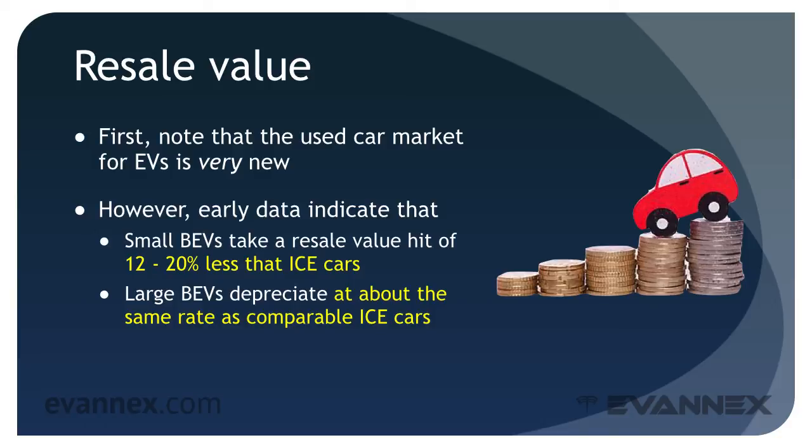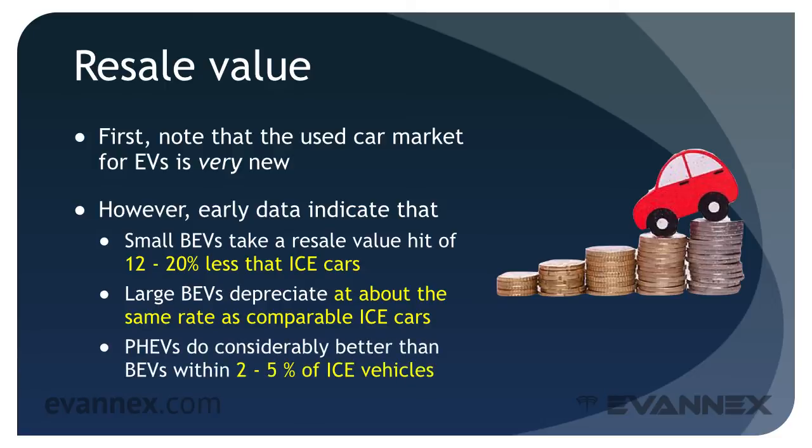Note that a comparable BMW 750iL sells for about 75% of its new car cost after about 2 years. So the Model S depreciates at approximately the same rate. PHEVs do considerably better than BEVs with a depreciation differential of only a few percentage points less than a comparable ICE vehicle.